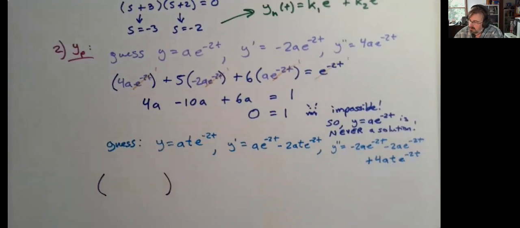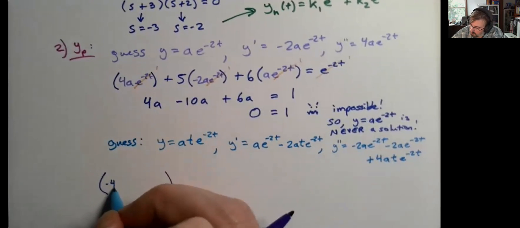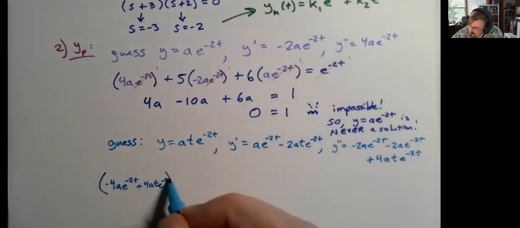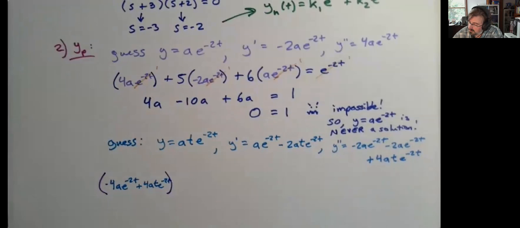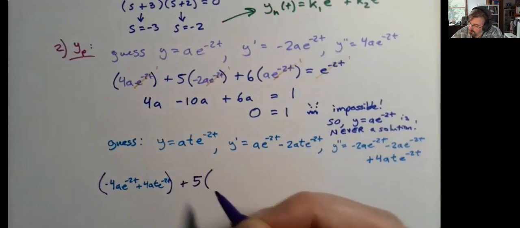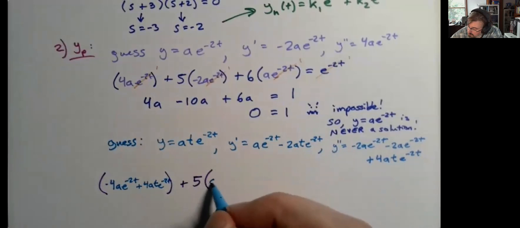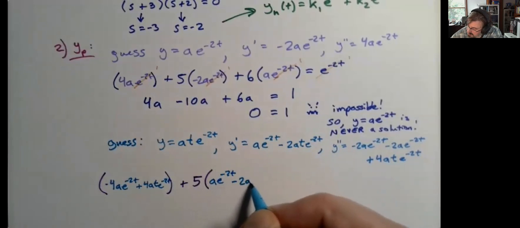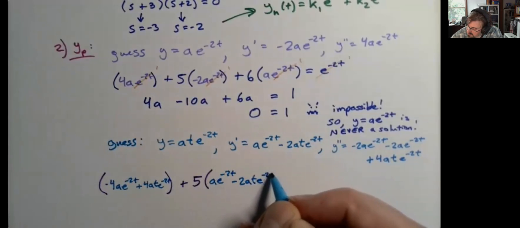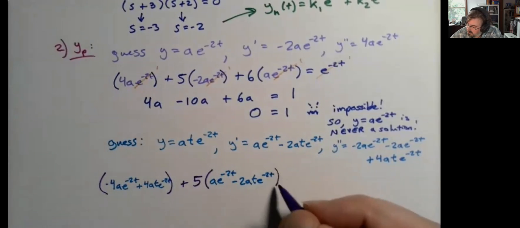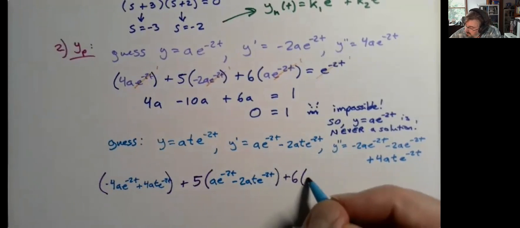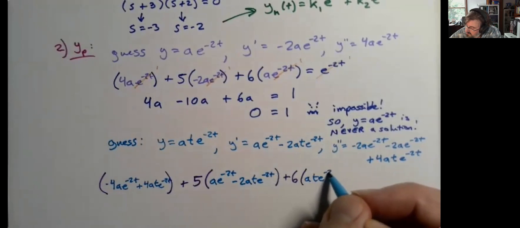It's just going to be minus 4a e to the minus 2t plus 4at e to the minus 2t, plus 5 times its first derivative, which has two terms as well, a e to the minus 2t minus 2at e to the minus 2t, plus 6 times the original guess, which is a t e to the minus 2t.